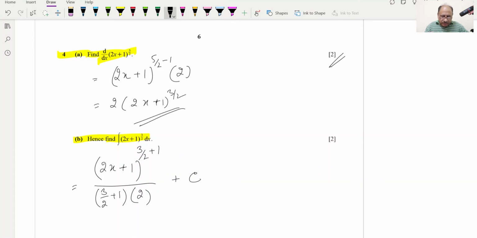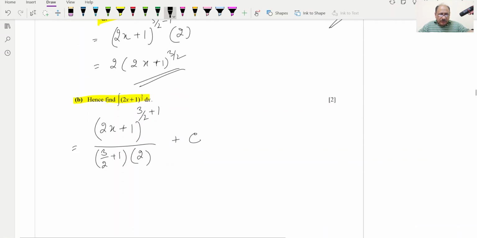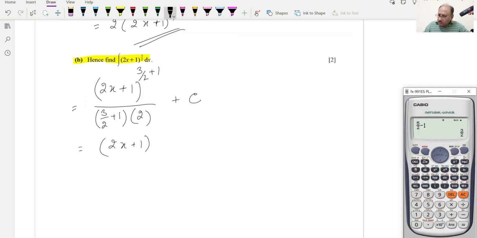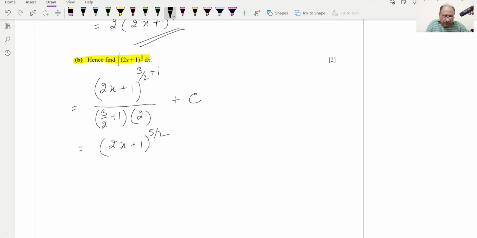So this will be the integral, and now we can rewrite it as 2x plus 1 raised to power 3 by 2 plus 1. 3 by 2 plus 1 will be equal to 5 by 2, so this will be 5 by 2 into 2, and this 2 will be cancelled with this one, and our final answer will be plus c, we missed it over here.